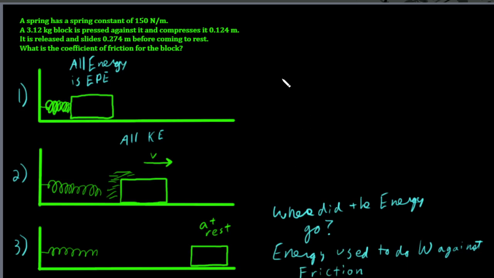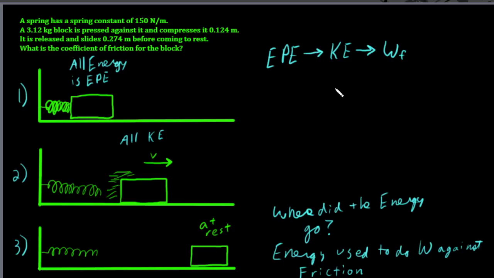If I were going to make a flow chart of the energy, I would say that it starts as EPE and then transitions to KE and then transitions to work done against friction, at which point all the energy is lost to friction in the form of heat and is lost to the environment.